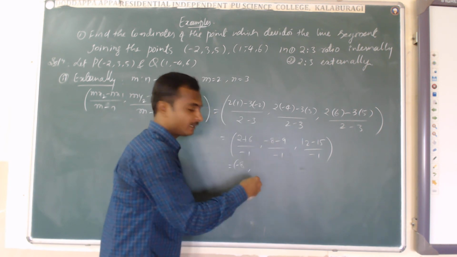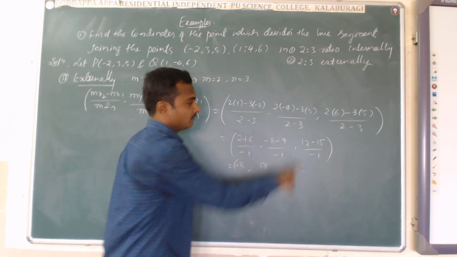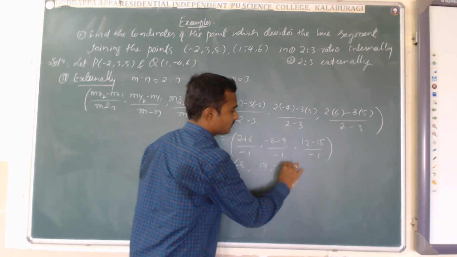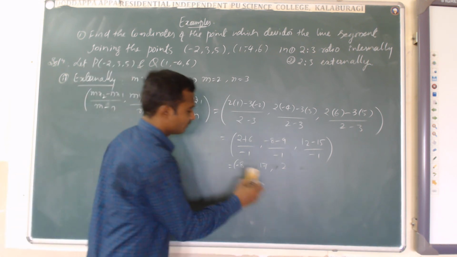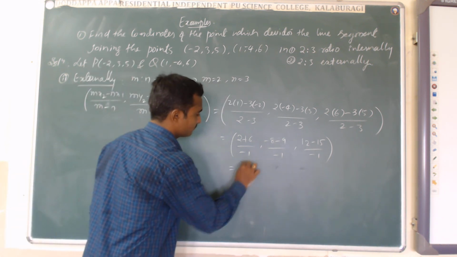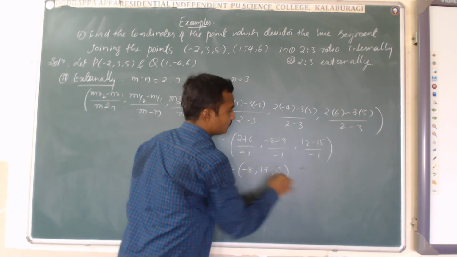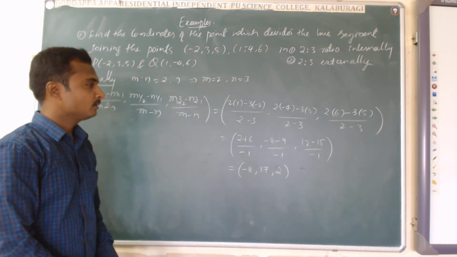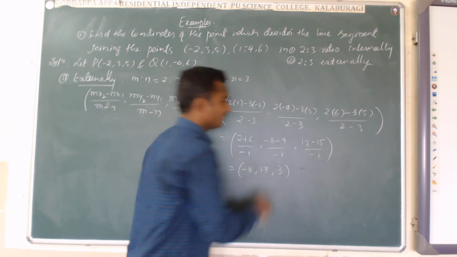Minus 8 minus 9 is minus 17, so minus by minus 17 is plus 17. 12 minus 15 is minus 3, minus by minus 3 is plus 3. It means we are going to get minus 8, 17 and 3.